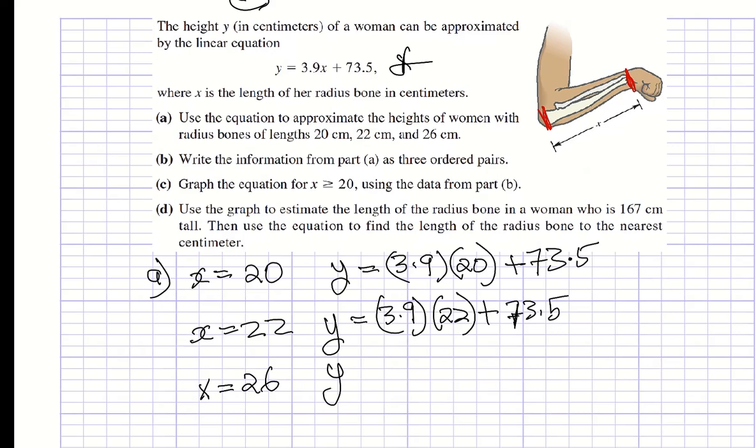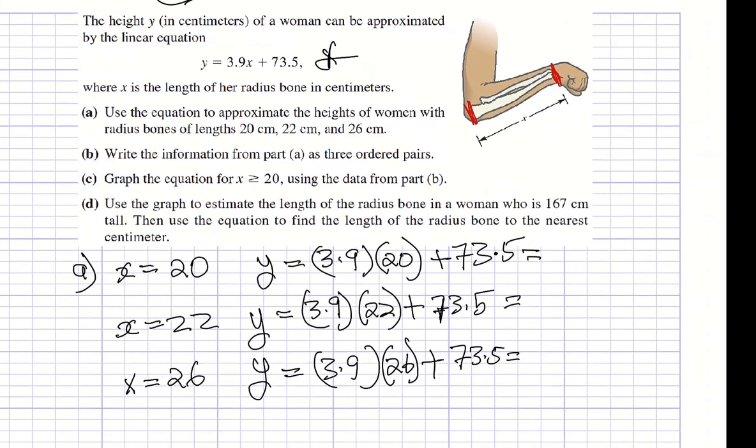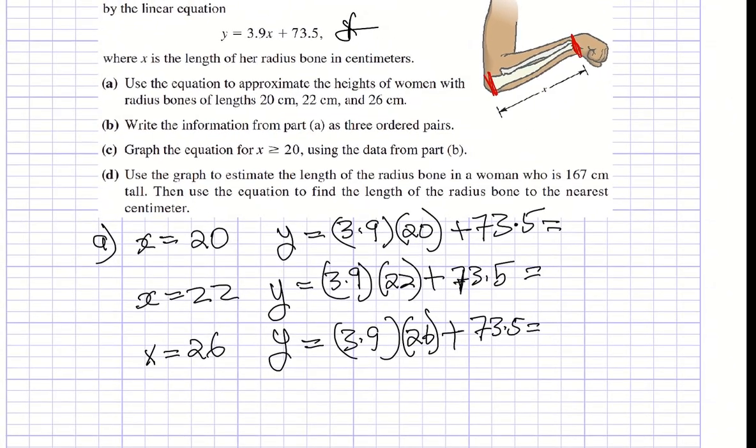And then here y is equal to 3.9 times 26 plus 73.5. Okay, so if we do all this, what do we get? You've got to do it one by one.